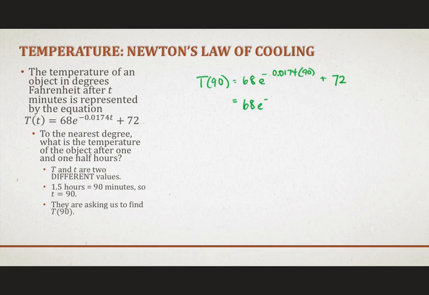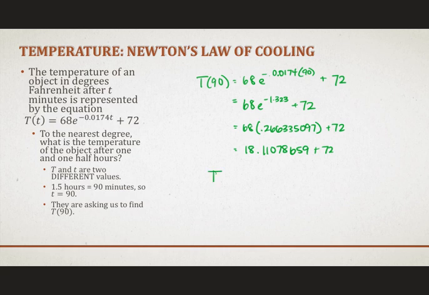And we've got negative 1.323. So we're going to take e and raise it to that value. Now I've got 68 times 0.266335097. Then we multiply by 68, so I have 18.11078659, and then add our 72 at the end.